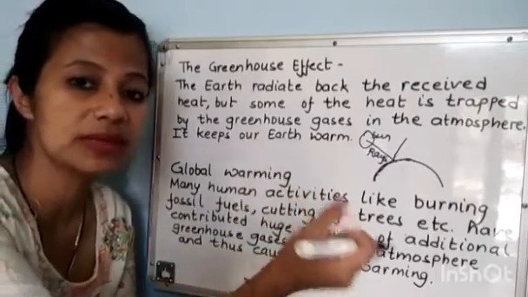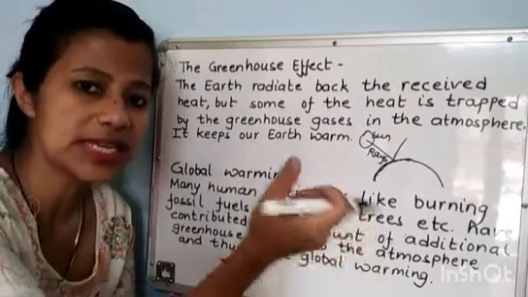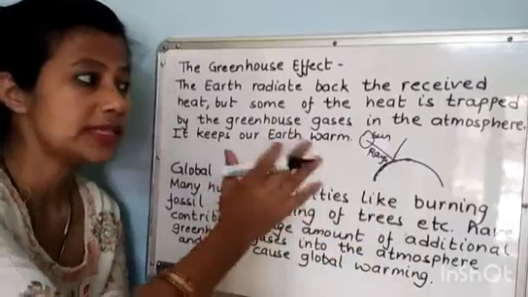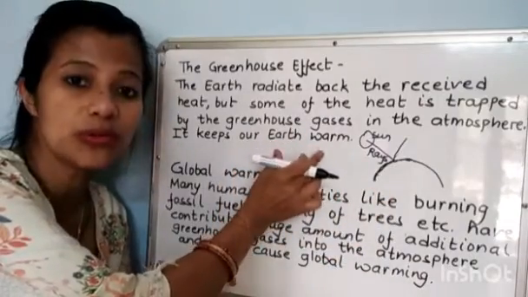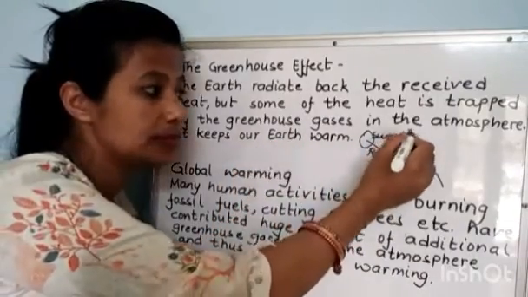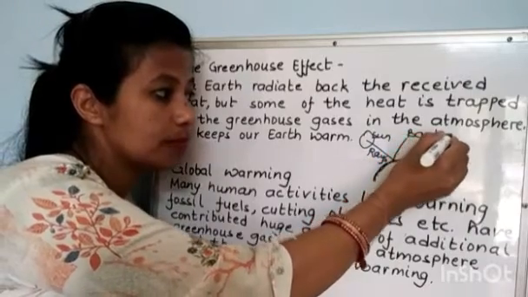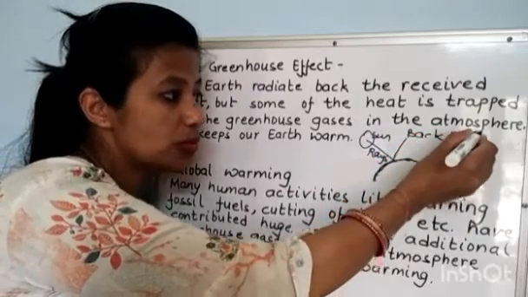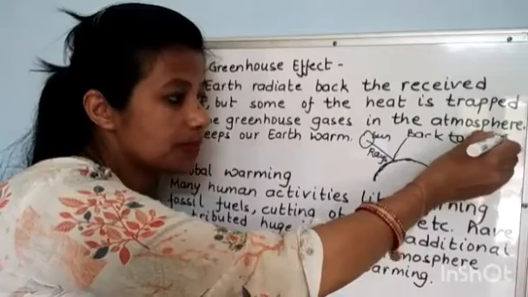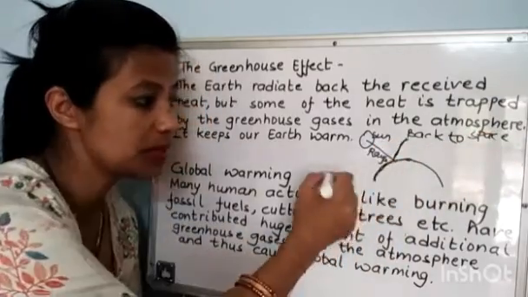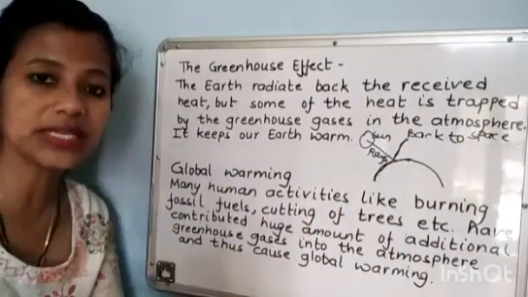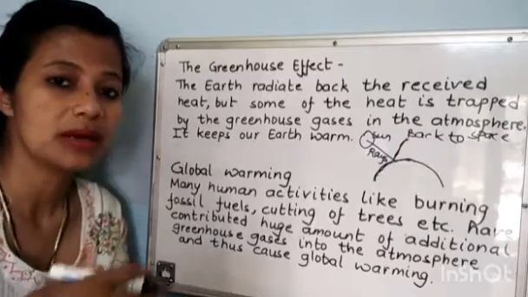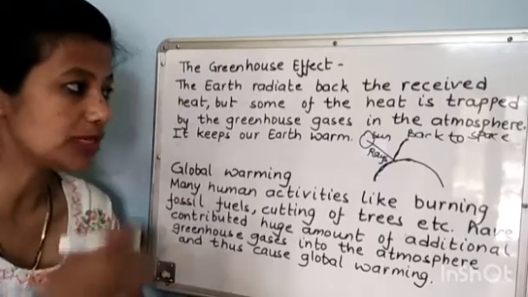They trap the sun's heat. This is called a natural process. Some heat goes back to space and some heat is absorbed by greenhouse gases.